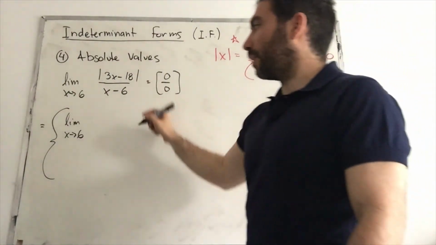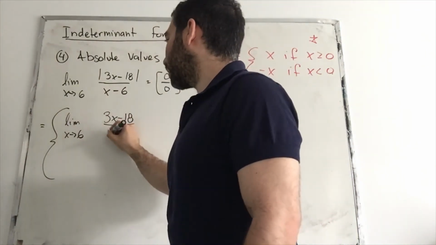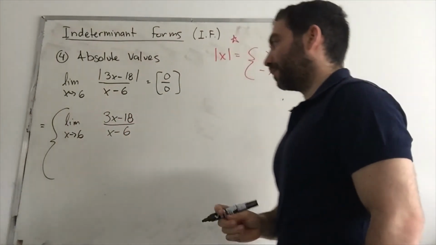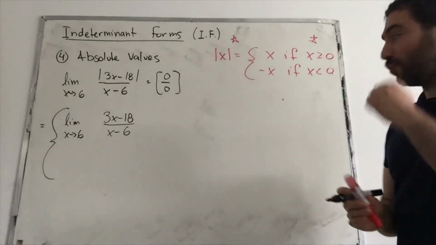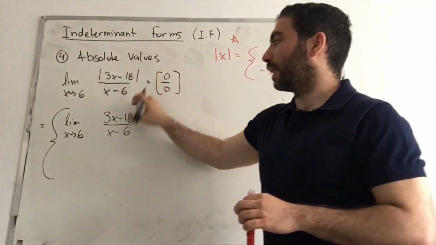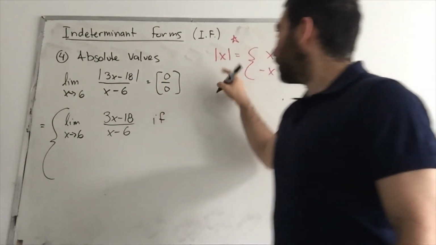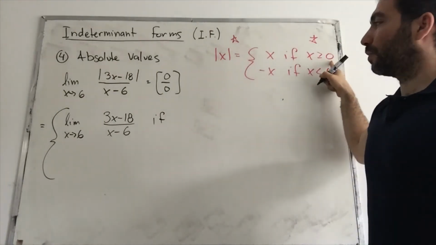So what's in the absolute value? We have our 3x minus 18 over x minus 6. Okay. And we're going to use this over here. So we essentially just take out the absolute values. And it says if whatever's in the absolute value is greater or equal to 0.